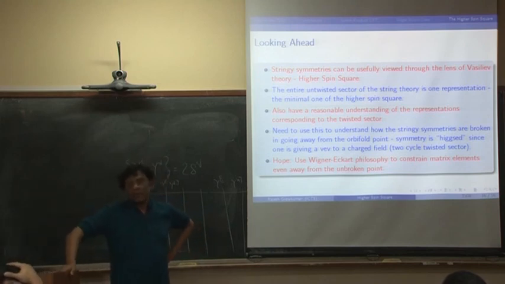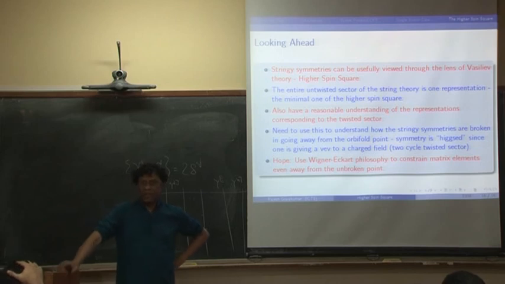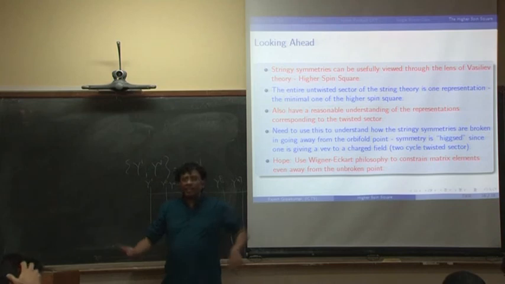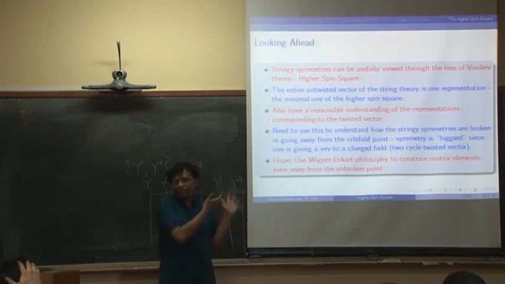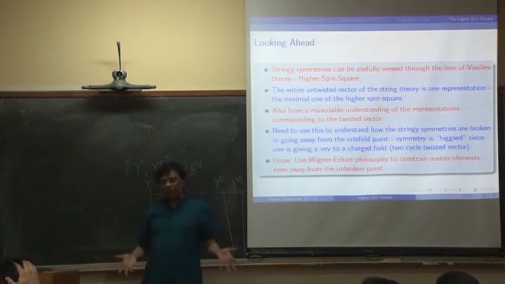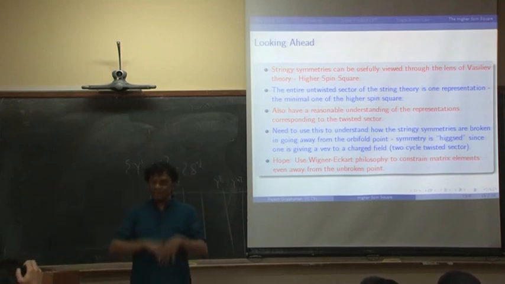It would be nice if there was some consistency requirement you can phrase in the bulk directly, which says that even though at the tree level you can write classical equations of motion with just the Vasiliev field and its minimal sector, which is what the untwisted sector is. The untwisted sector is like a big souped up Vasiliev theory with a souped up matter field coupled to it.